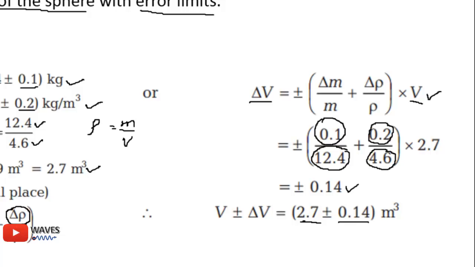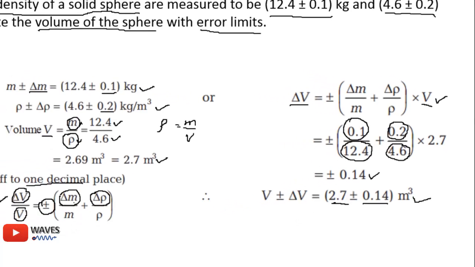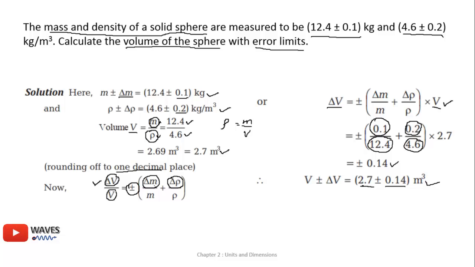So here it's important to understand how we calculate an error for a derived quantity, for a quantity which is dependent on two other variables, let's say mass and density, for example. So you can just pause at this moment and take a look at this again, so that you clearly remember how to do it.